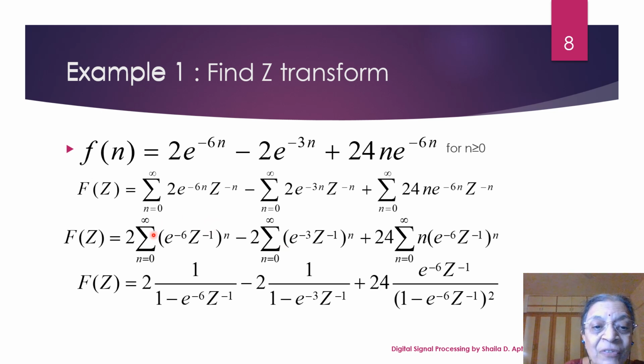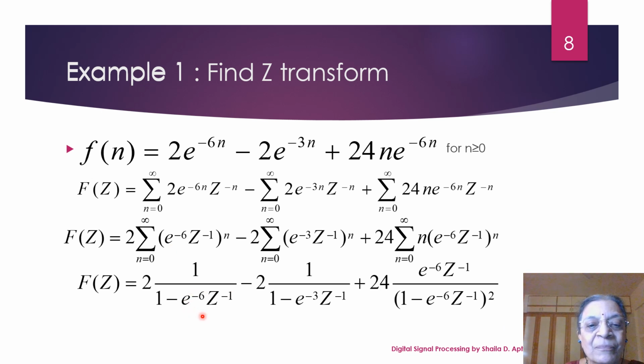So whatever we get in the bracket, we write it over here. So how will the Z transform closed form expression be written down? We will write Fz as 2 times 1 upon 1 minus whatever is inside this bracket.